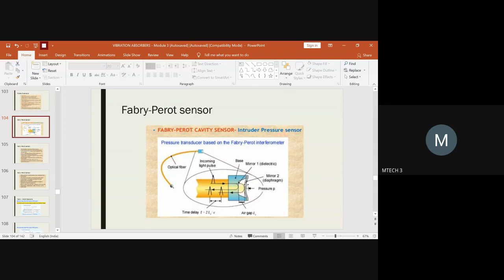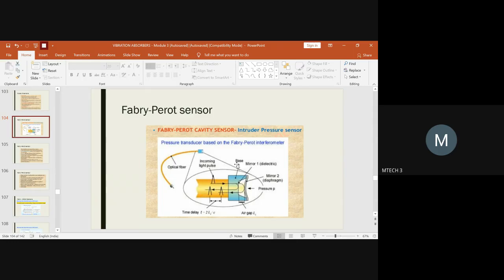Mirror 2 is associated with a coating of diaphragm, whereas mirror 1 has a coating of a dielectric material. A partial amount of the light rays which pass through mirror 1 will be reflected, because mirror 1 is partially reflective, and a fully reflective mirror is across mirror 2. So the remaining part of the rays of light will come and reflect back.